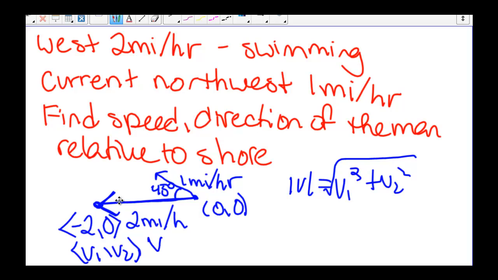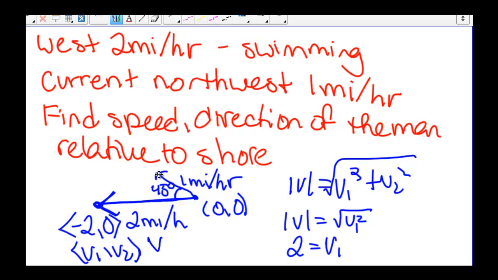Because we're going west, our y direction doesn't move, so our magnitude of v is the square root of v1 squared. Since our magnitude is 2, that means that v1 is 2. And we're going west, so that's in the negative direction.